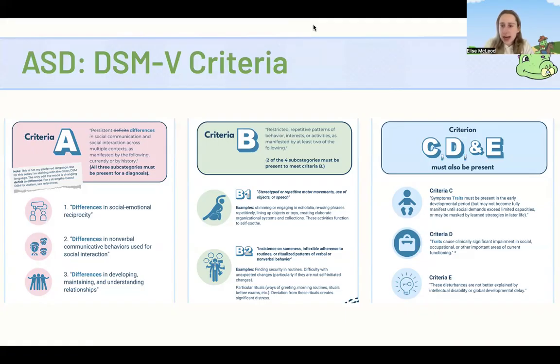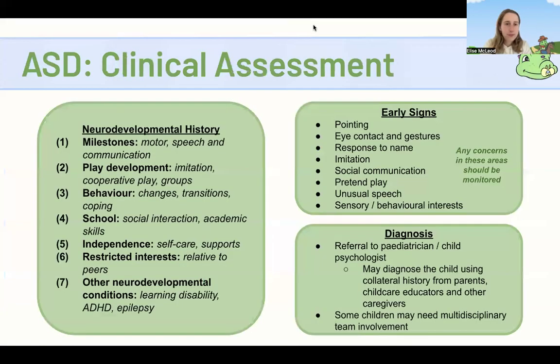And criteria C, D, and E are that these symptoms must be obvious early in development, that they cause difficulties in social, occupational, and other functioning, and it's not better explained by another condition.